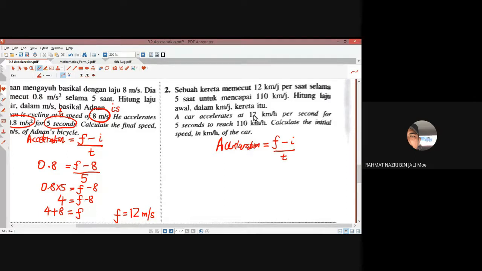Acceleration is 12 km per hour per second.